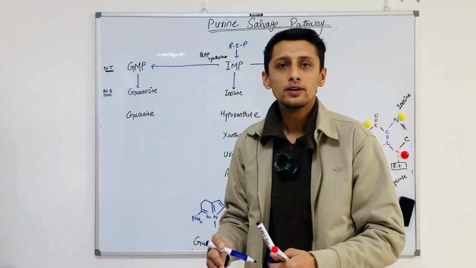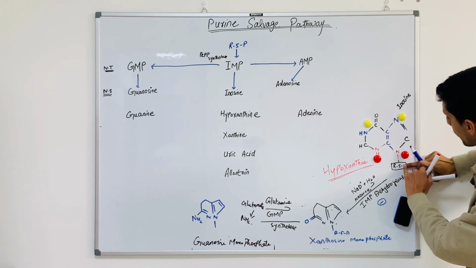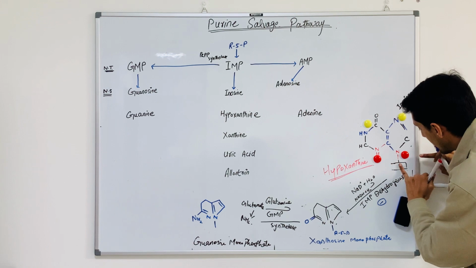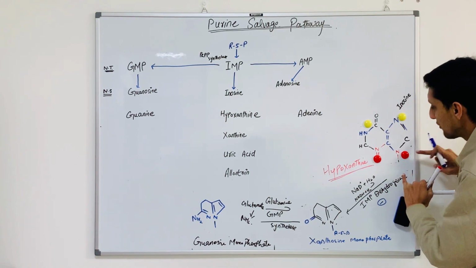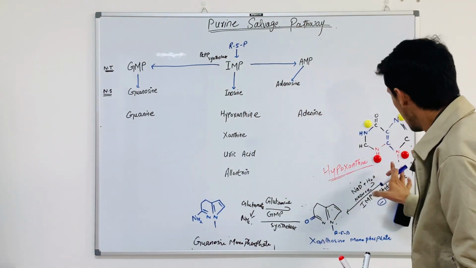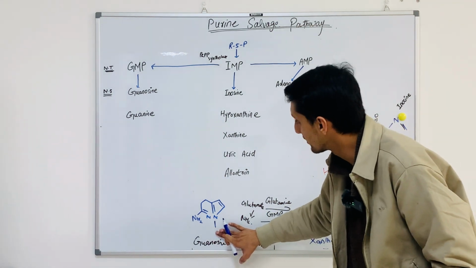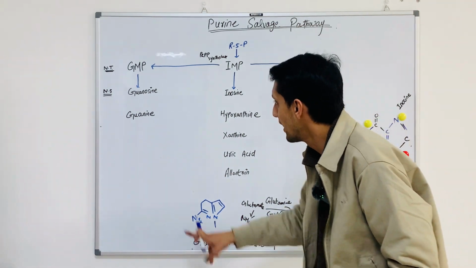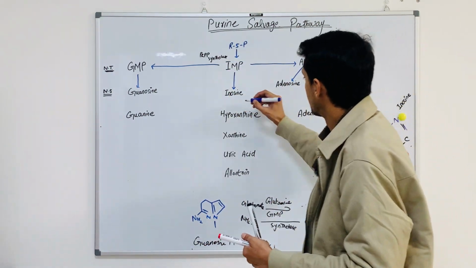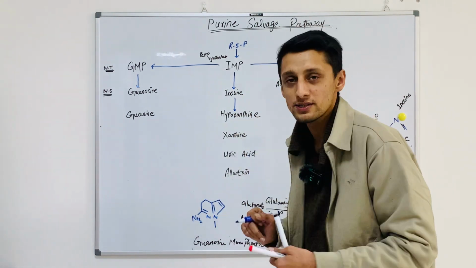If I remove the whole ribose portion from inosine, it will become hypoxanthine, right? Similarly, if I remove the whole ribose 5-phosphate portion from guanosine monophosphate, it will become guanine, just a free base. So this is degraded by removing the whole ribose portion into hypoxanthine.